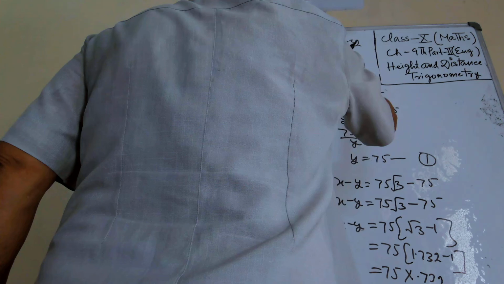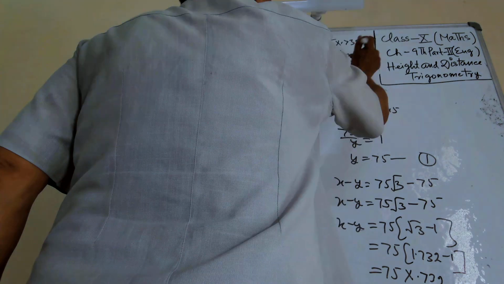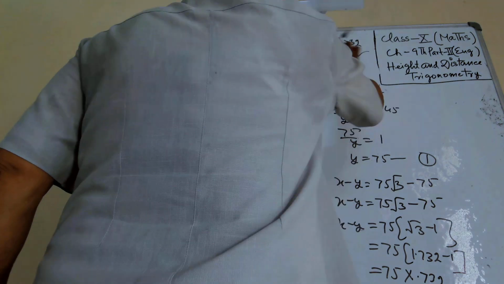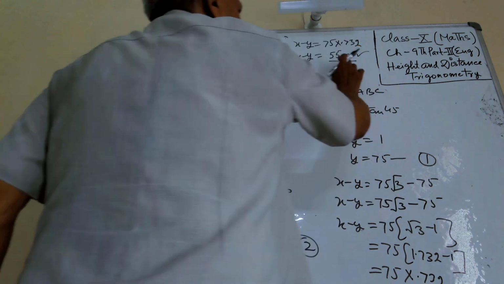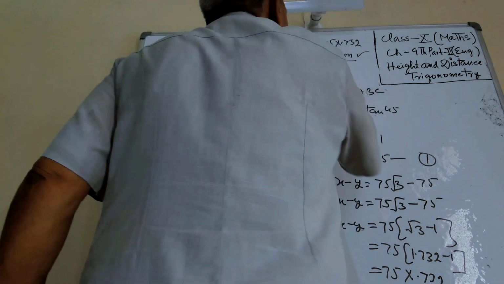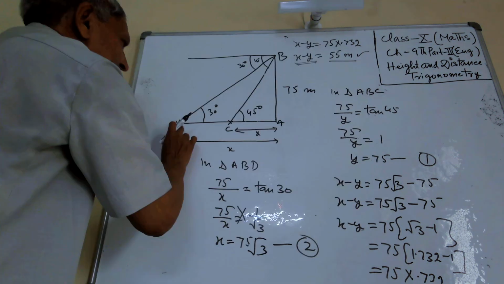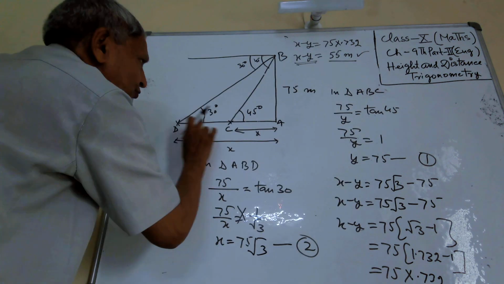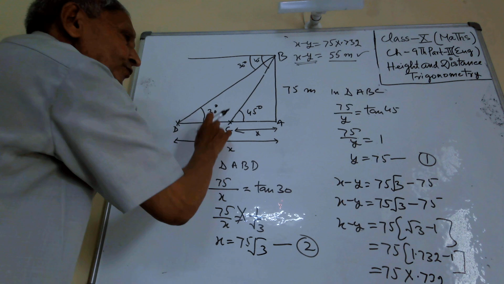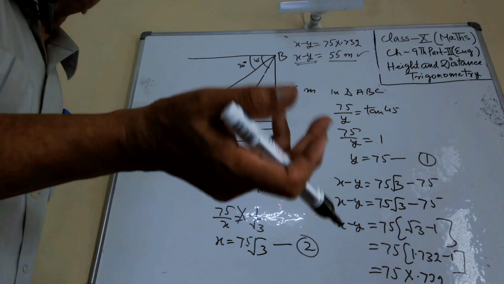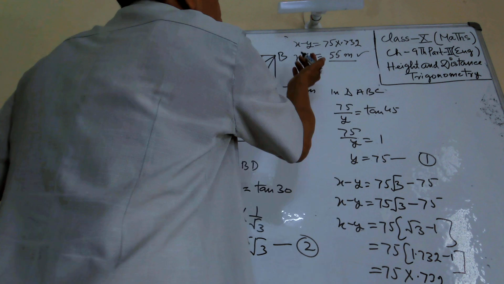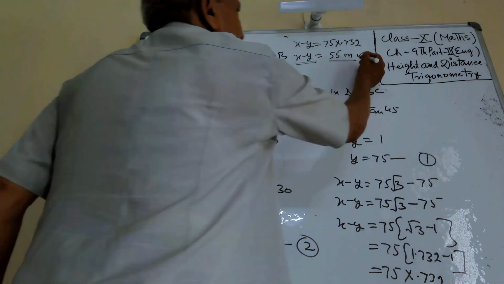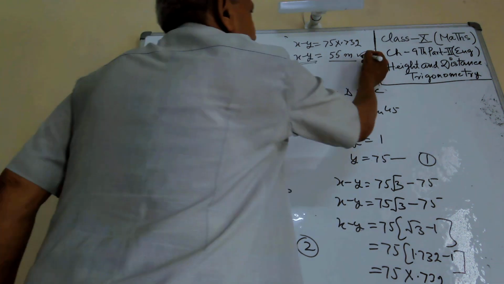I am not multiplying it here, and I think this value will be approximately that. Now x minus y, what is x minus y? So this is the question. Find out the difference between two ships. So x minus y is the answer to the question.